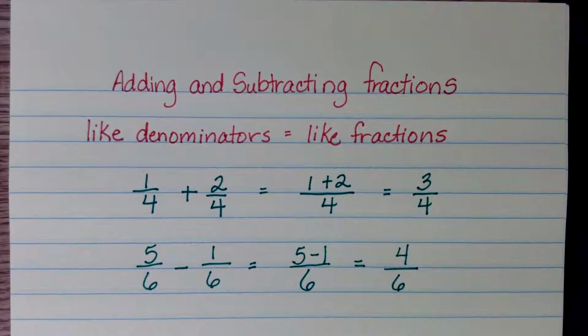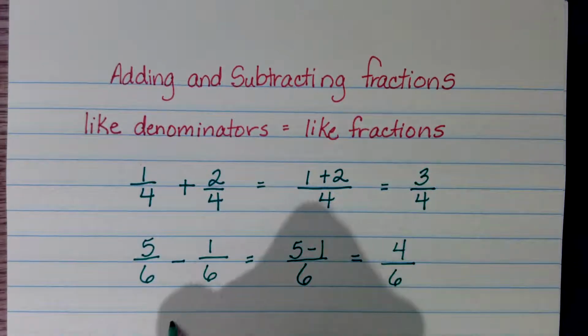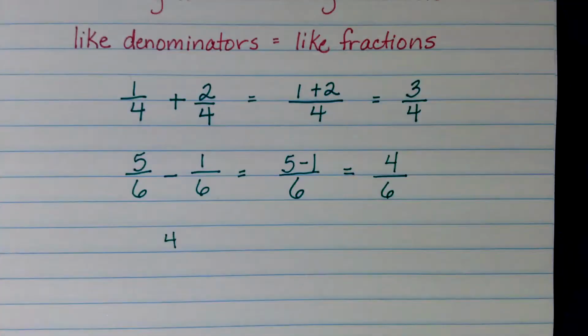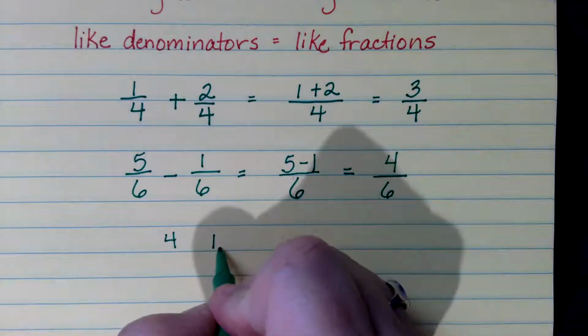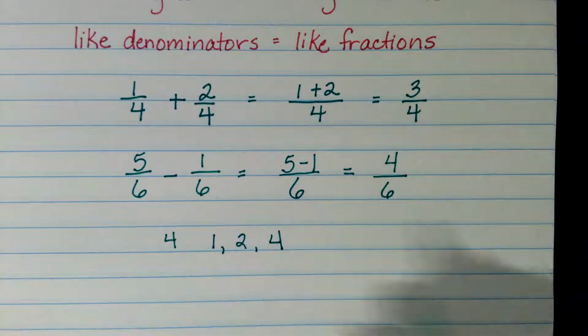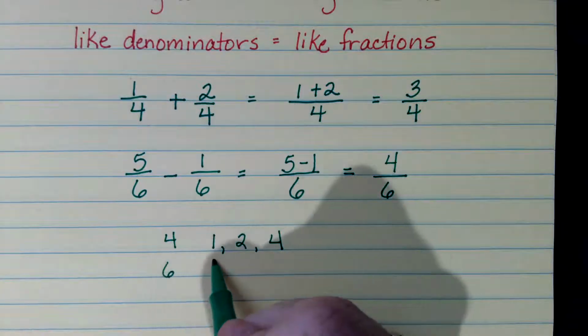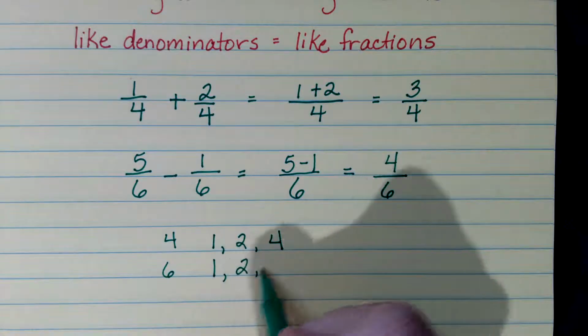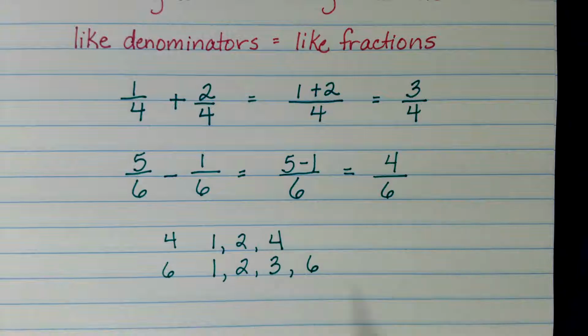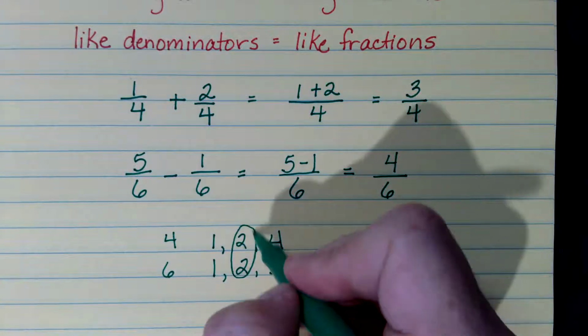So at this point you should know that with 4 and 6, our factors are 1 and 4, 2 and 2. And with 6, we have 1 and 6, 2 and 3. So the greatest common factor between these two numbers is 2.